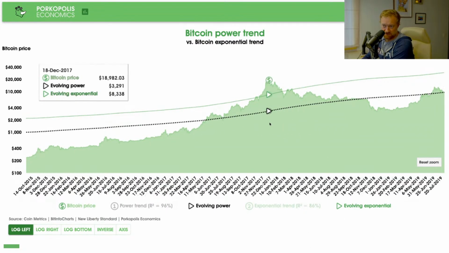It's been 8 years since the Bitcoin price has hit what the predicted exponential trend based on the data says it would do. 7 years, about to be 8.